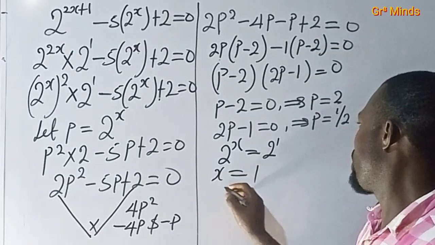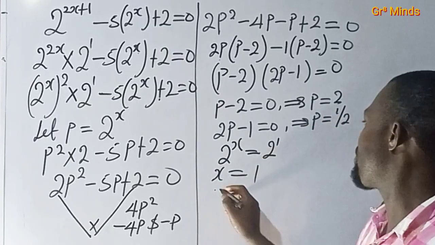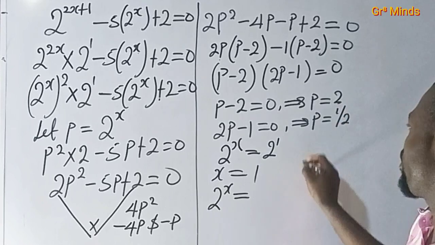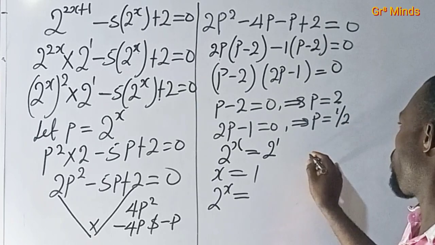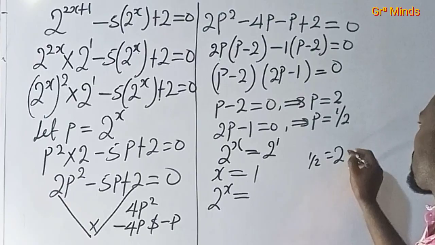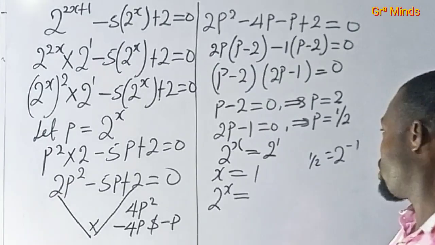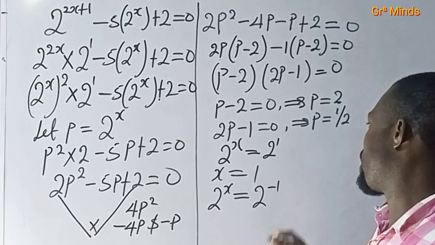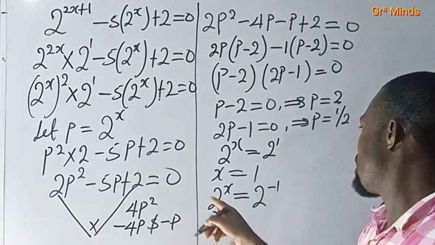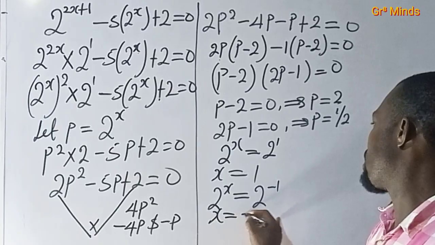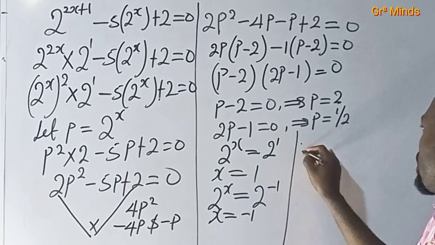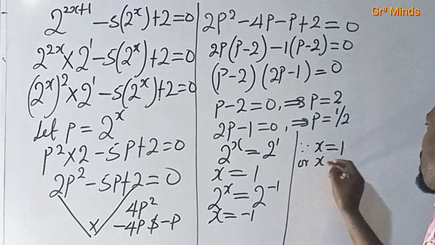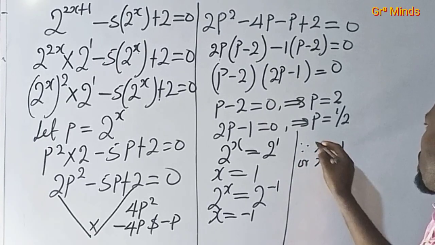At the same time, when p is half, we have 2 raised to the power of x equals, remember, 1 over 2. 1 over 2 is the same thing as 2 raised to the power of minus 1. So here we have 2 raised to the power of minus 1. So our x, since the bases are the same, the powers must also be equal. Therefore, our x is equal to 1, or x equals minus 1.